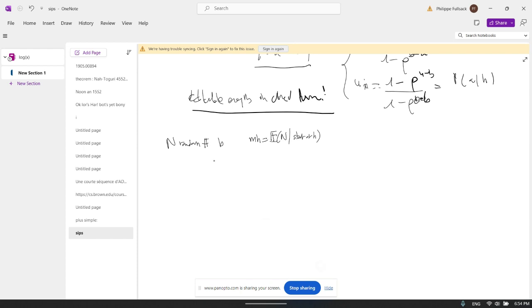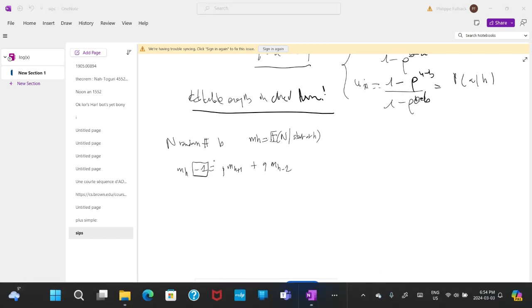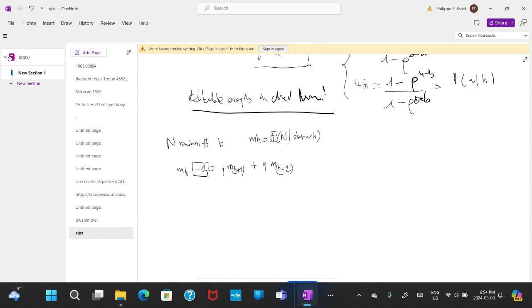Well, we can easily show that MH minus 1 is P mh plus 1 plus Q mh minus 1. Now this is separate here. This is not M index, this is mh minus 1. So if this is not clear, I can put it like this. And for these boundary conditions here, I have MA equal to MB equal to 0, of course.